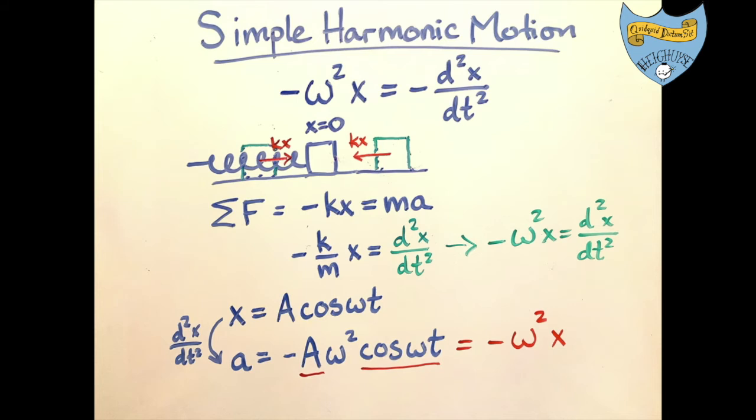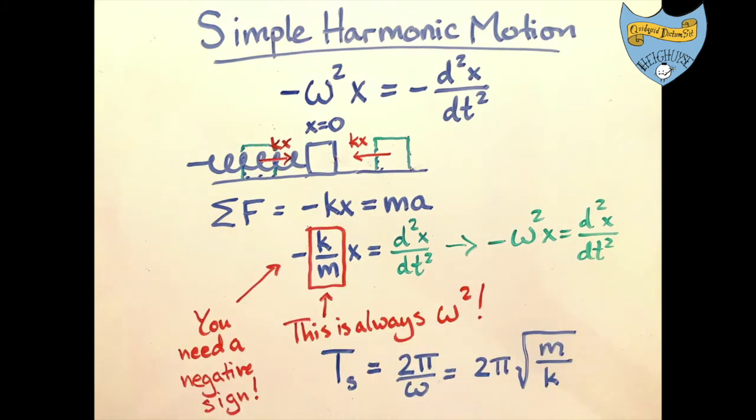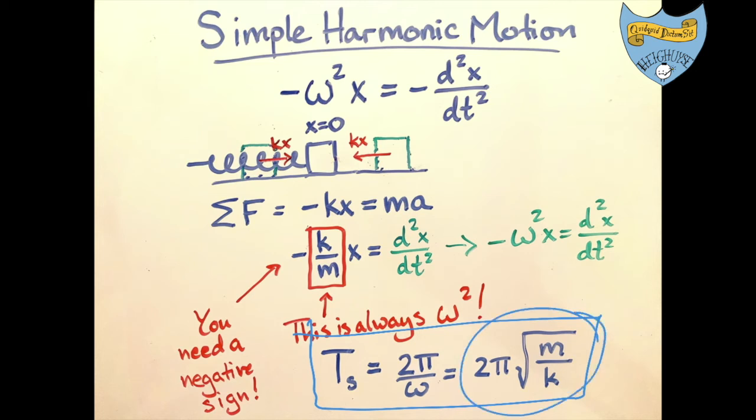So that means that if you were writing a position or acceleration equation for something that was undergoing harmonic oscillation, what you would plug in right here for omega would be root k over m. That's what would go in there. Also, if you're trying to determine the period for an oscillating mass on a spring, because it's 2 pi over omega, and omega is root k over m, you can get the period from plugging that in, and there it is.